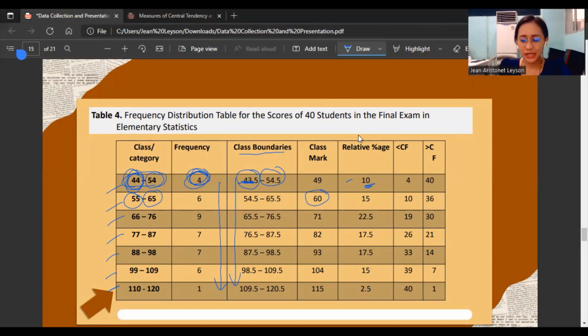Now for less than CF, how do we get this one? For the first row, simply copy the first frequency. Now going to the next one, you have to add.